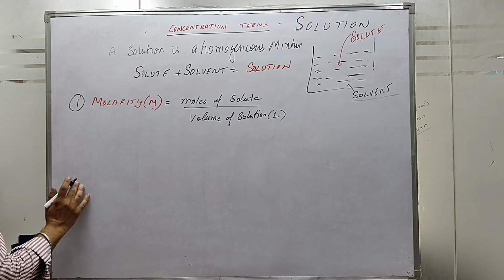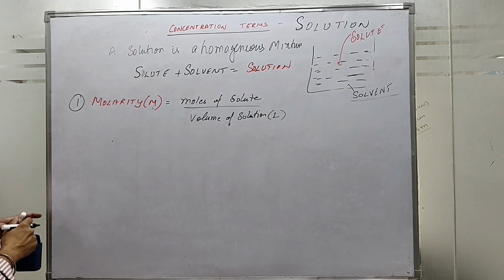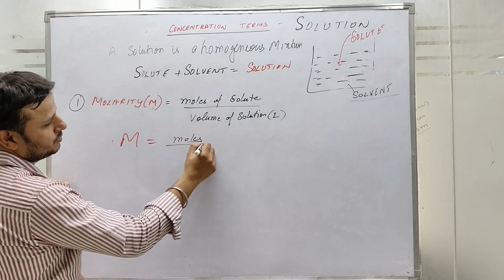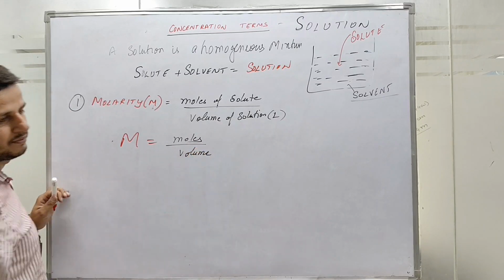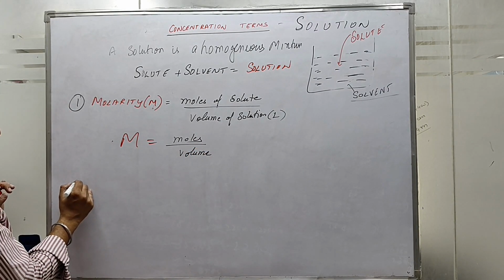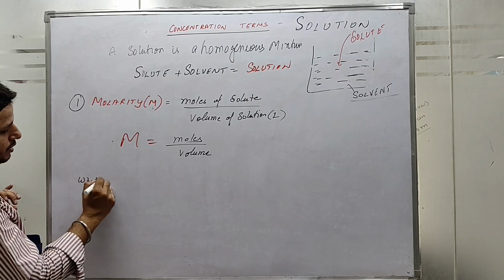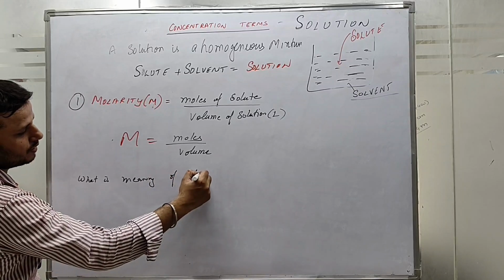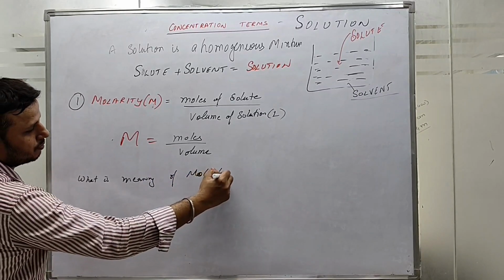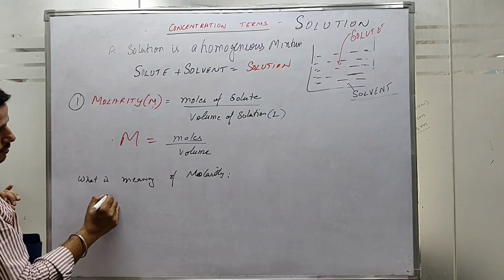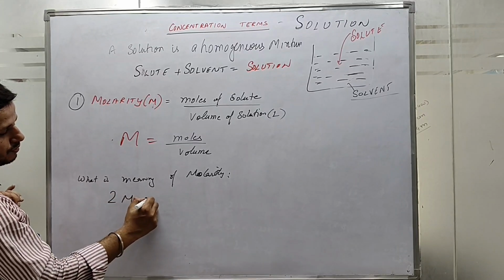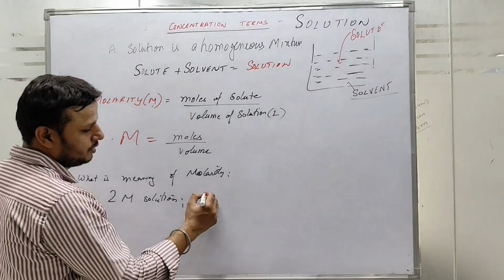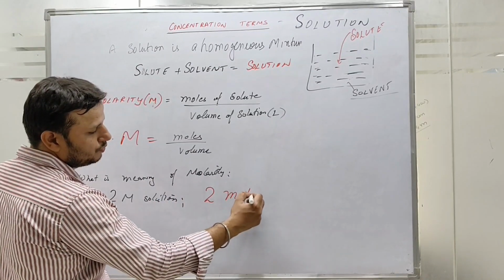Molarity, capital M, is equal to moles by volume. What is the meaning of molarity? Suppose we are given a 2 molar solution. 2 molar, 3 molar, any molar solution, means 2 moles of solute.